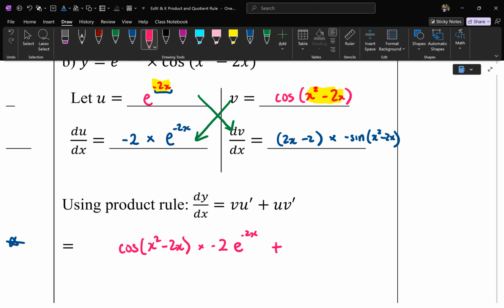So you should now have e to the negative 2x times 2x minus 2 times negative sine of x squared minus 2x. So far so good? All right.